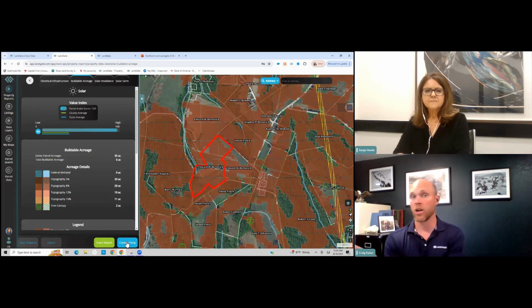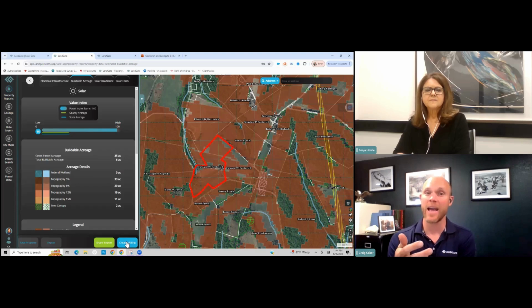You get access to all of those public listings on LandGate. You have to generate an account, but you get access to all of the analytics on those listings as well. So we append an enormous amount of information to listings that most of those sites don't do.